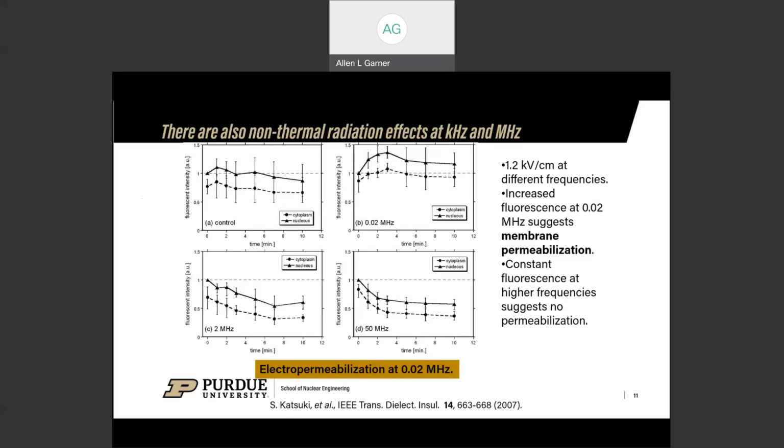He's claiming that this increased fluorescence in the cytoplasm and the nucleus at 0.02 megahertz is characteristic of electroporation. At these higher frequencies, no significant electropermeabilization is really happening.